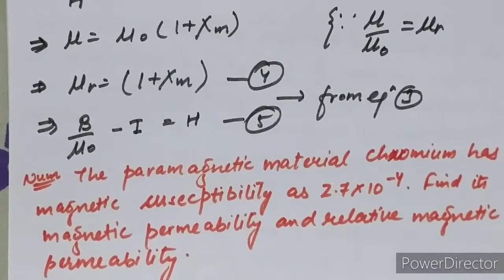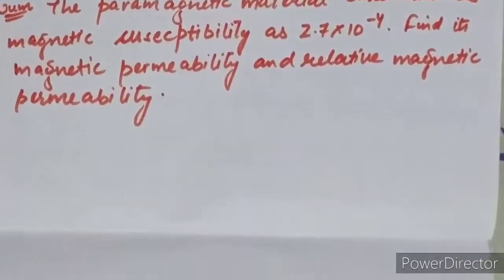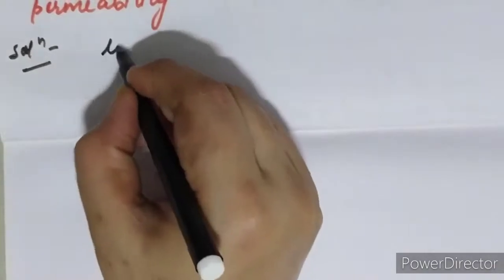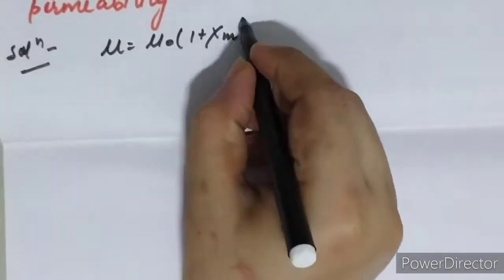For the solution, the formula we use is mu equals mu naught into 1 plus chi m.